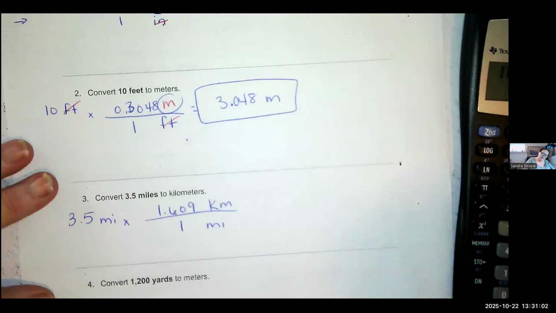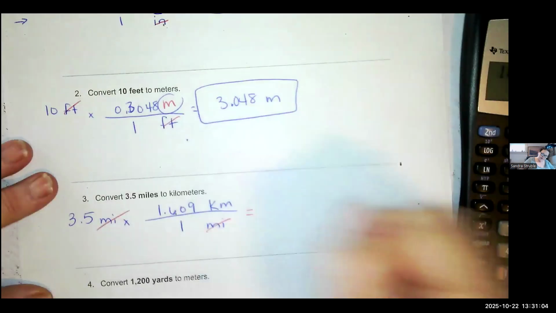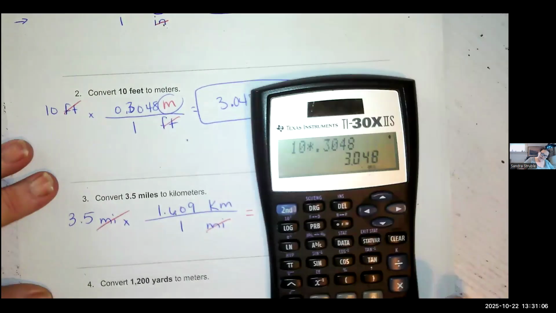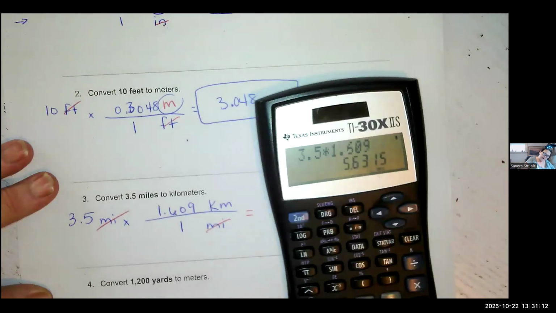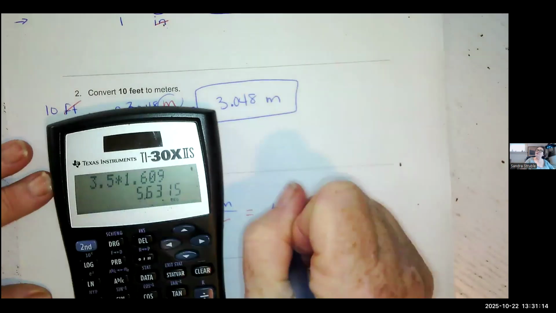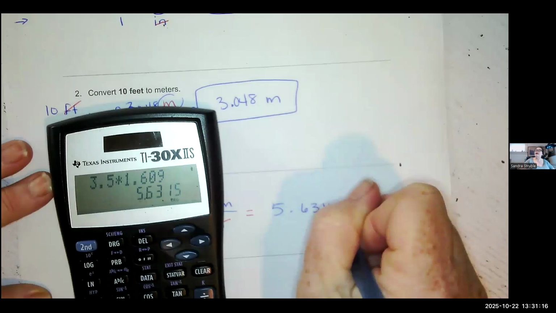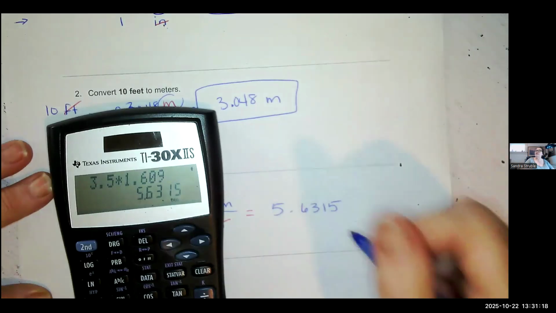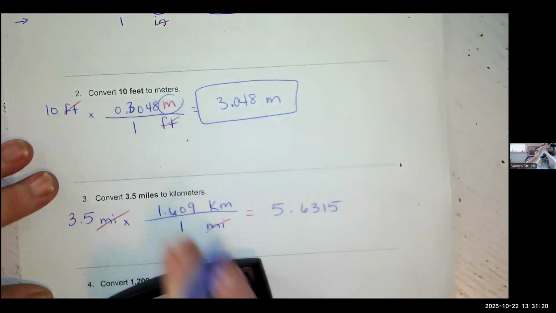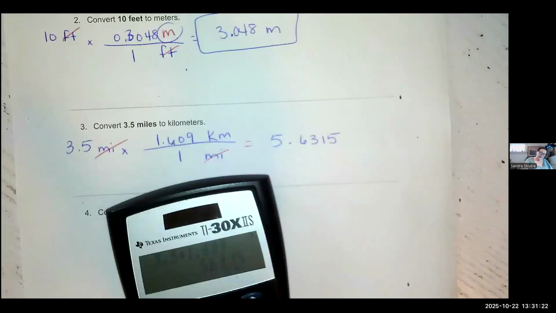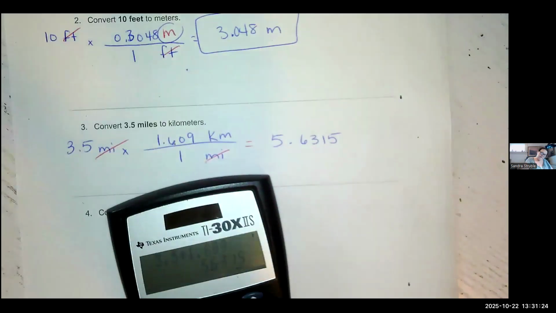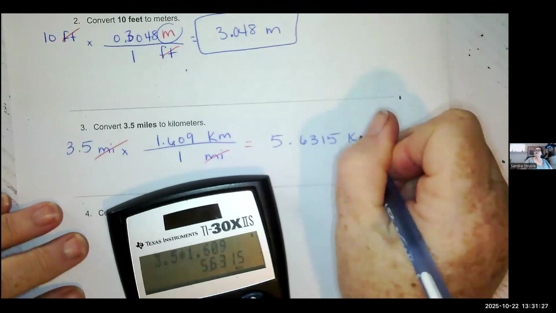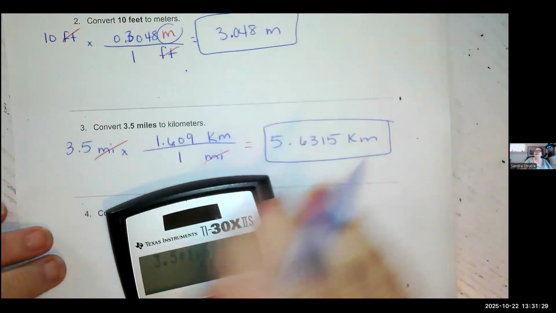We're left with kilometers. 3.5 times 1.609 is 5.6315. Do not round this unless I ask you to, and you don't ever round prior to getting your final answer. And the unit for this is kilometers. Remember, the unit's just as important as the number at this point.